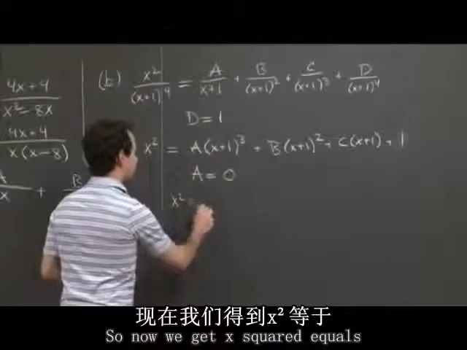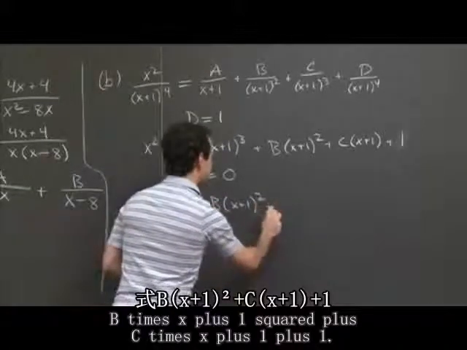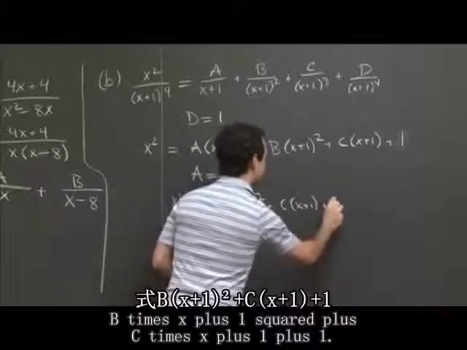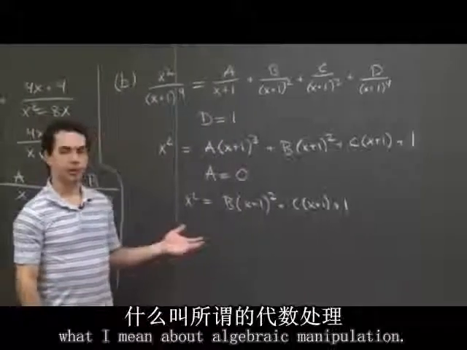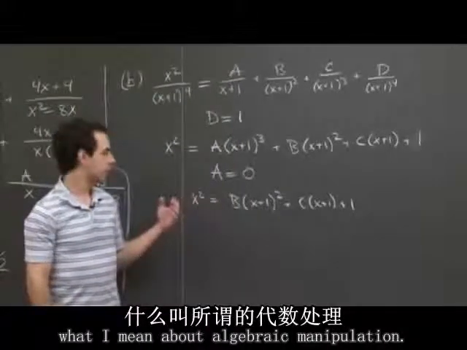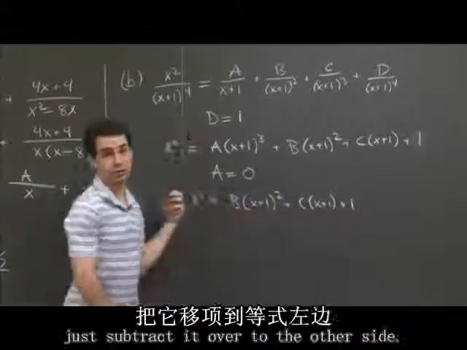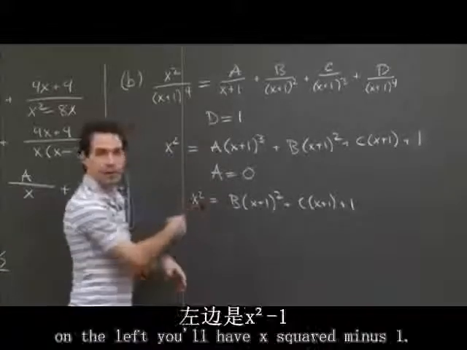So now we get x squared equals b times (x plus 1) squared plus c times (x plus 1) plus 1. Now let me show you what I mean about algebraic manipulation. This 1, if you wanted, you could always just subtract it over to the other side, right? And so then, on the left, you'll have x squared minus 1.